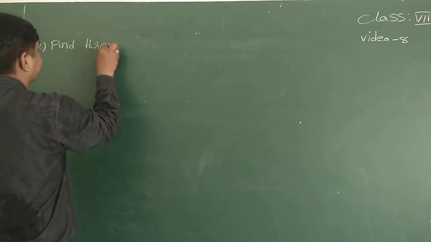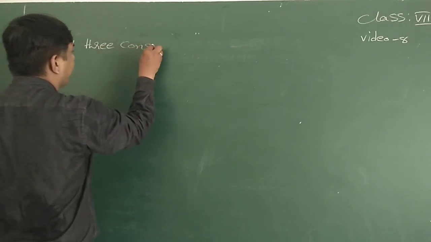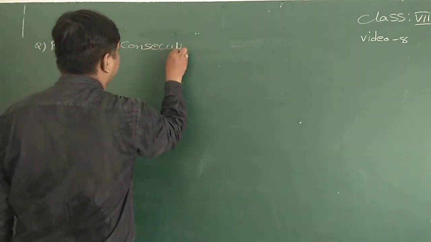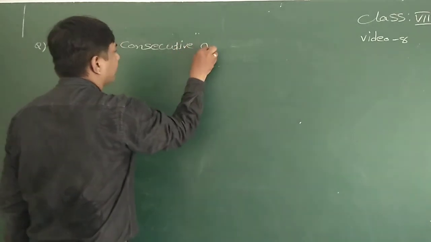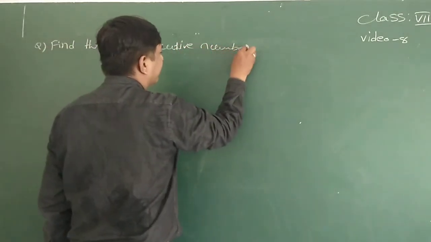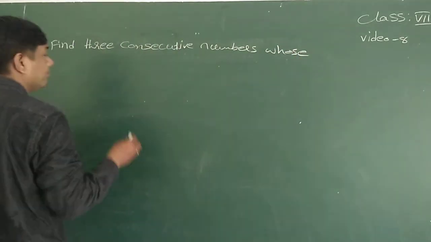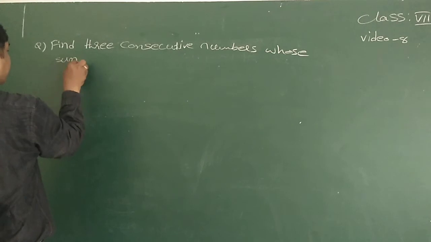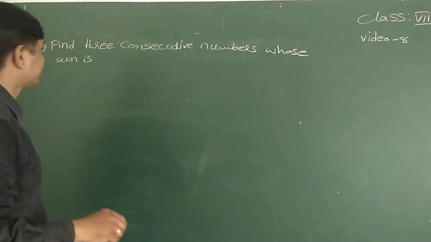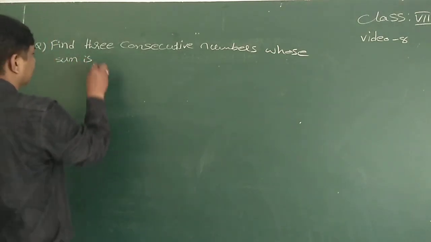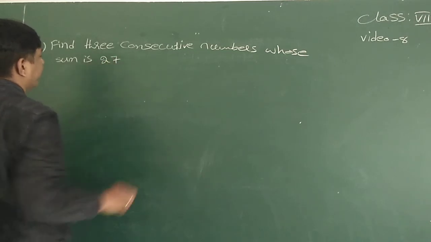Find three consecutive numbers whose sum is 27.